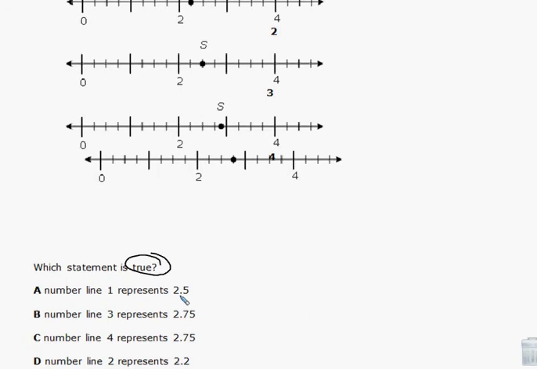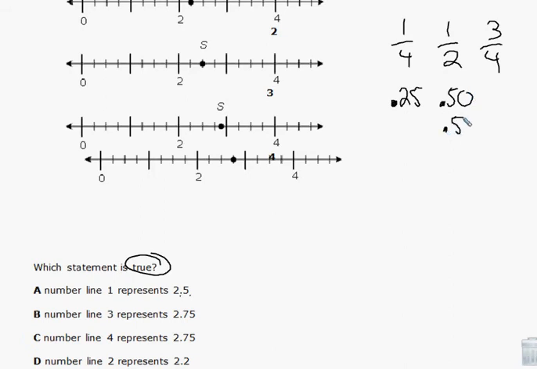So we have 2 and 5/10. So we need to think about some of our benchmark fractions, and our benchmark fractions are 1/4, 1/2, and 3/4. And if I'm thinking about money, 1/4 is 25 cents. 1/2, or half a dollar, is 50 cents or 5/10.